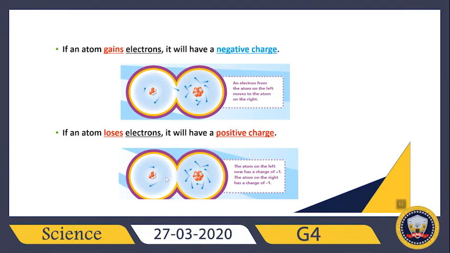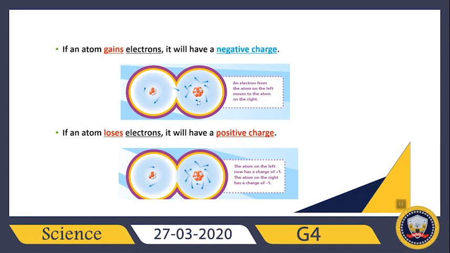So if the atom loses electrons, what happens? It will have a positive charge. Why positive? Because the positive particles, the protons, which have a positive charge, become more than the electrons, which are negative. So if the atom loses electrons, it will have a positive charge.